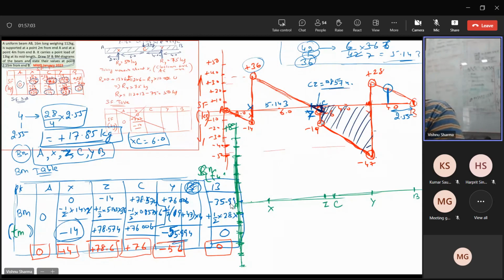Now at A, it is 0. At X, it's minus 14. At Z, it is plus 78. Then it is plus 76, very close to it somewhere. And minus 56, and then 0.